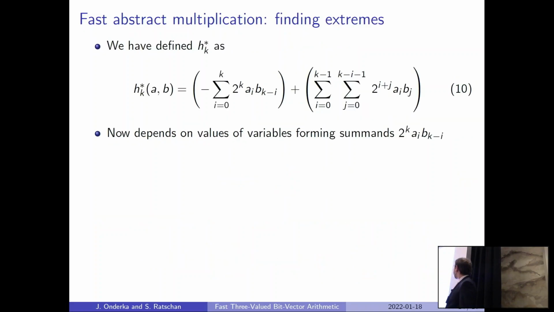Now, if we have this kind of equation, we want to find extremes. So how will we do it now? Well, that's quite problematic, because how we should go with extremes now depends on the values of variables that form summands 2 to the power of k, a_i, b_(k minus i). And since those two bits interact with each other, it is not readily apparent what we should do.